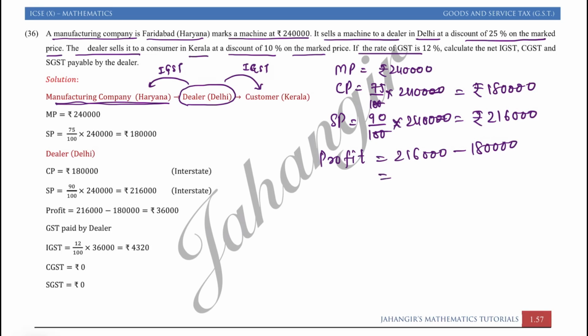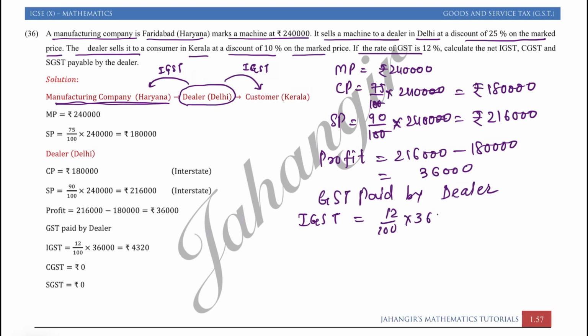So now profit is 36,000. So I will just find GST paid by the dealer, that is IGST is 12% of 36,000. 12 into 36 is rupees 4320.